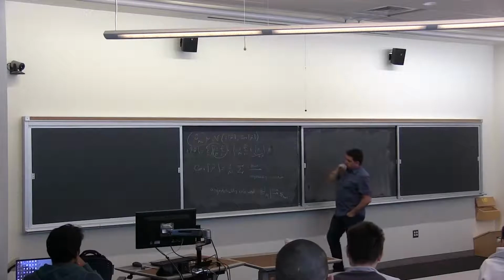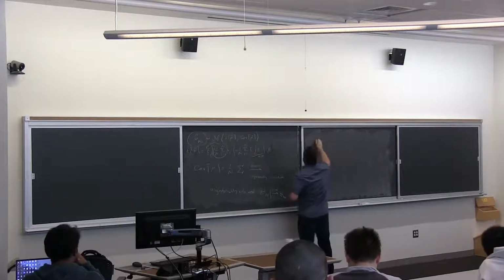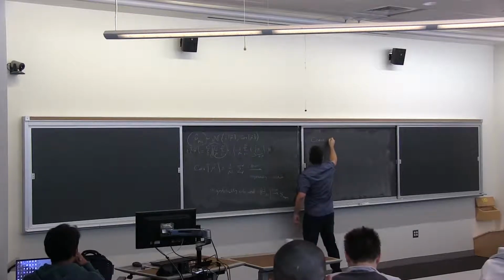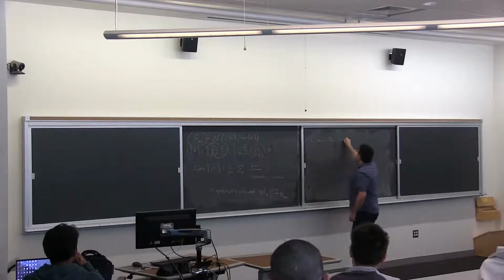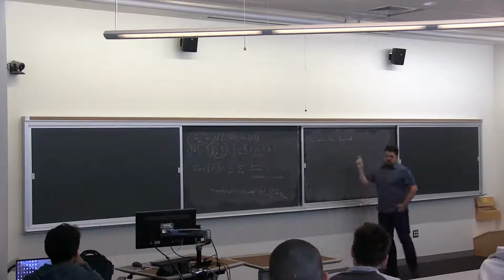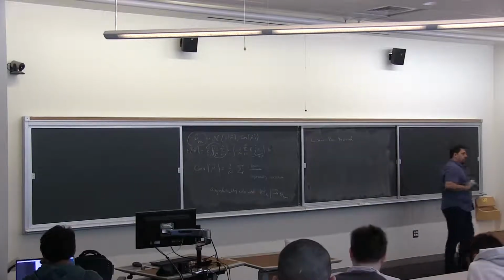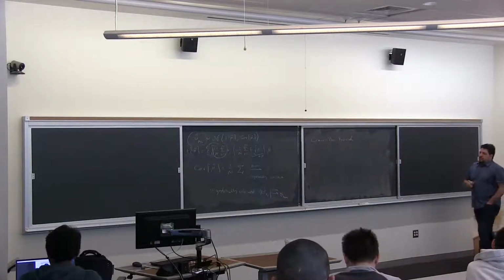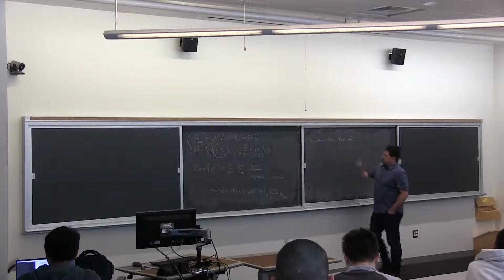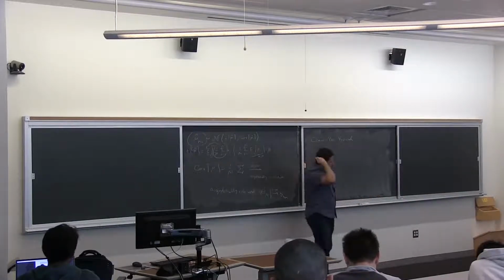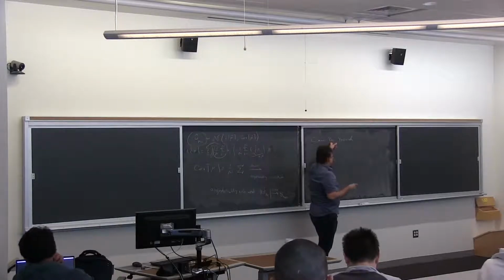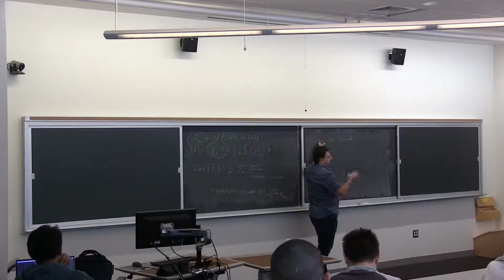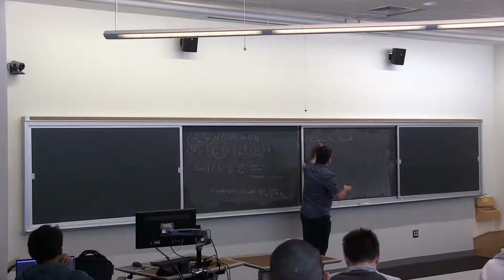To talk about efficiency, I need to mention something called the Cramer-Rao bound. Sometimes it's called the Cramer-Rao lower bound. I think historically what happened is Rao invented the bound first in India, and then Cramer invented it independently in England.